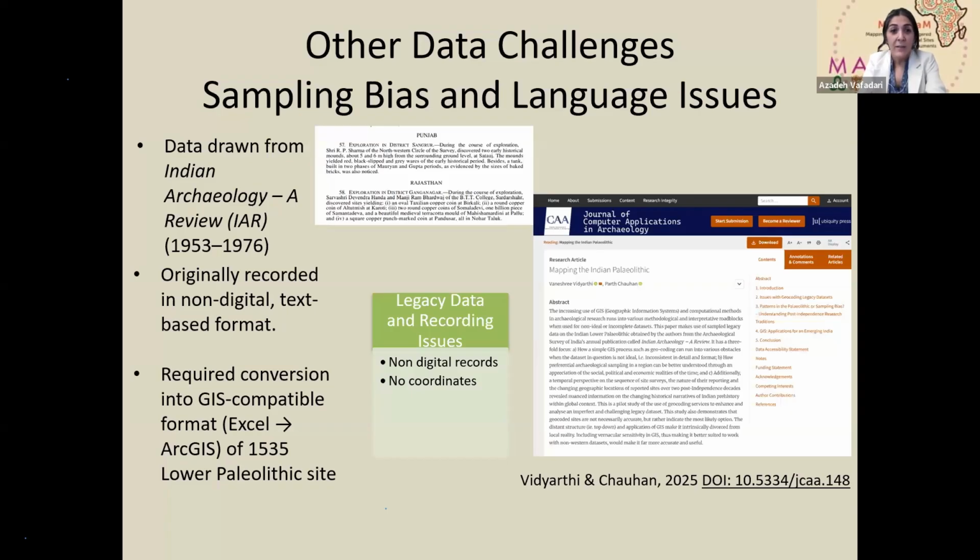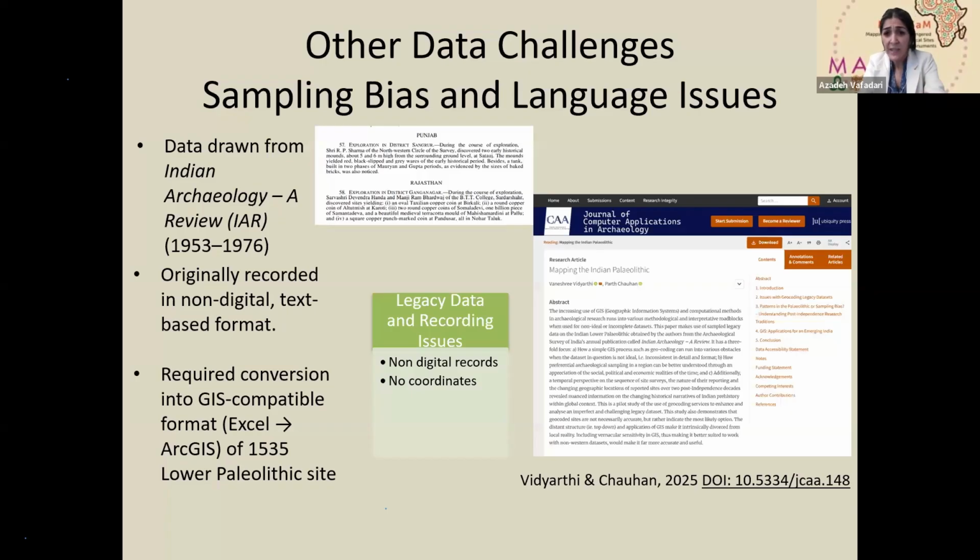There were other data challenges that I wanted to talk to you about. This is based on work done by our colleagues from MAHSA, Vaneshri Vidyarthi and Chauhan in 2025. They worked on digitizing Lower Paleolithic sites in India, and these sites were coming from the Indian Archaeology Review.